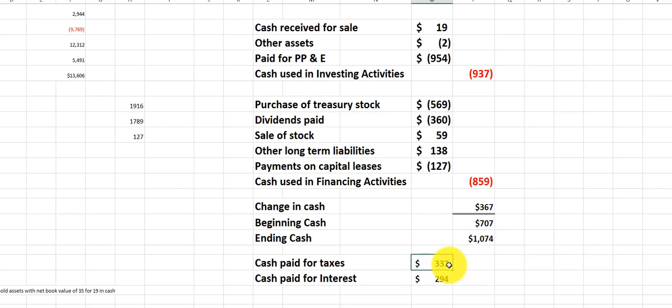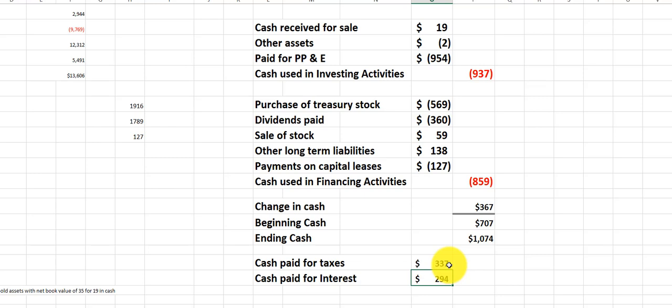How do we get cash paid for taxes? Cash paid for taxes is the tax expense or provision for taxes on the income statement, plus or minus the change in taxes payable. Cash paid for interest is the interest expense on the income statement, plus or minus the change in your interest payable.